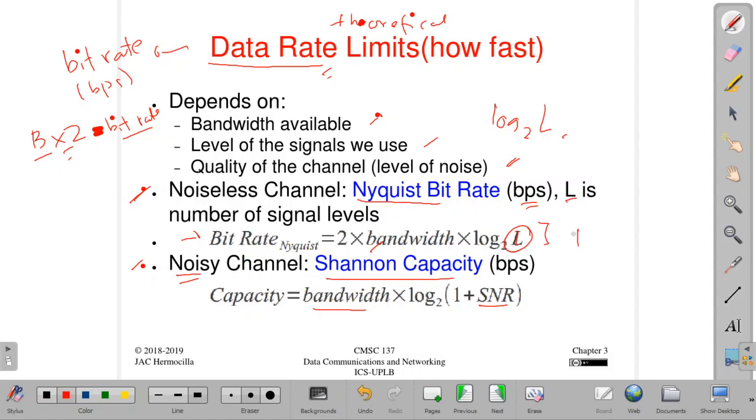So as the number of levels increases, the reliability decreases. Okay, so these are theoretical limits, and usually the actual data rate that is obtained is less than these theoretical limits.